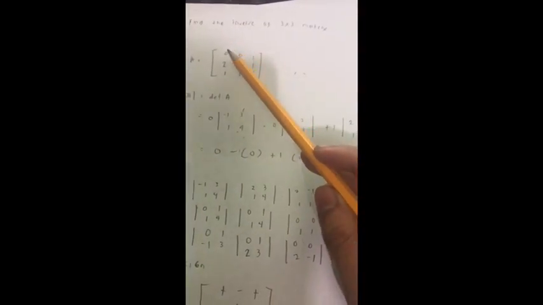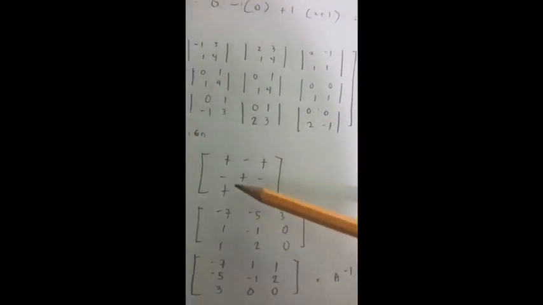Just cover this top part and the middle part. You get this and this. Just cover the top part and the outermost right lane. So on and so forth, and you will arrive with those 2 by 2 matrices. Then for the signs, just alternate positive, negative, positive, negative, positive, negative, positive, negative, positive.